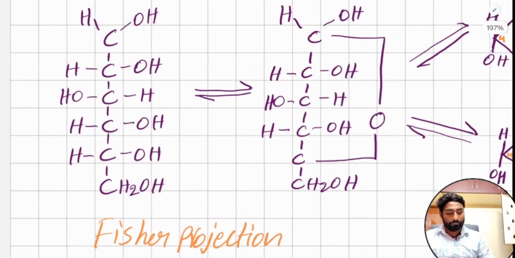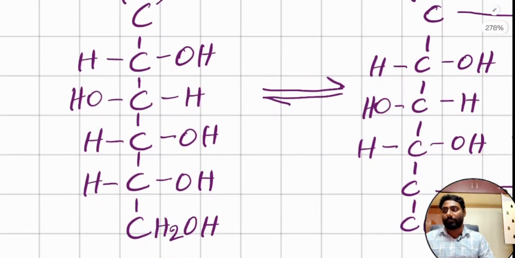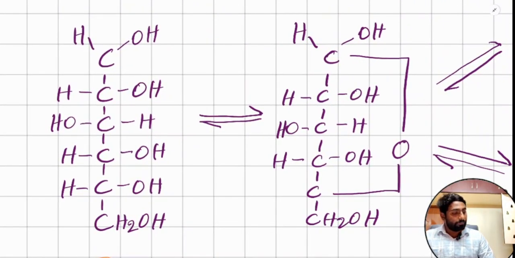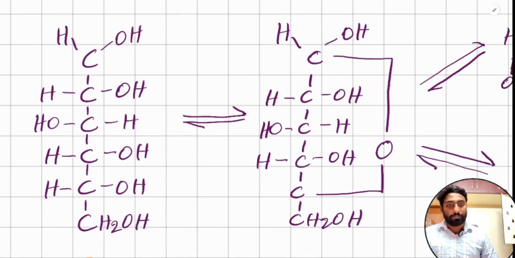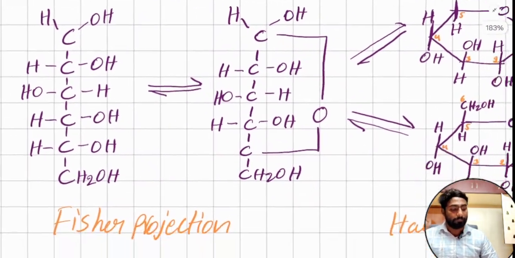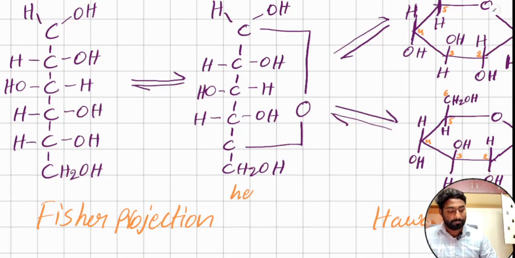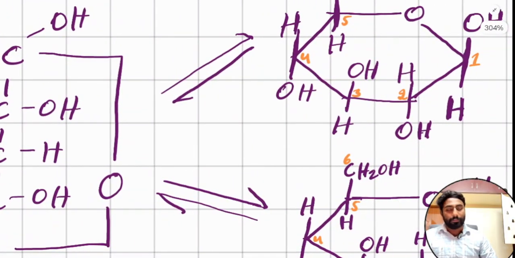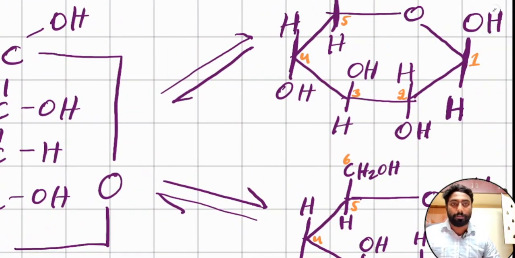Now, if you carefully see this structure, glucose is getting converted into cyclic forms through an intermediate hemiacetal. This is hemiacetal. Okay. Now, how can you identify alpha or beta?